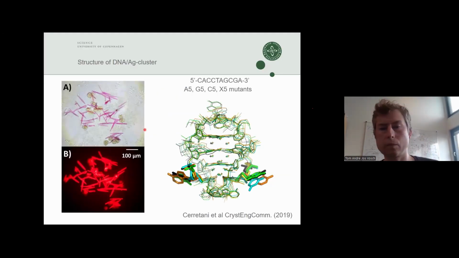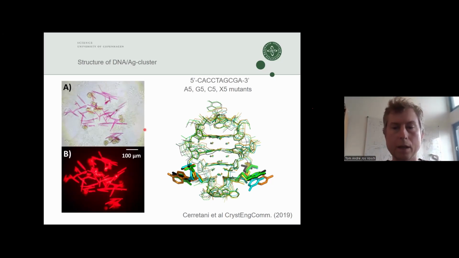Okay, so once we had this crystal structure, Cecilia mutated position 5. As you can see here, this position 5 was pointing outwards and was not really interacting with the cluster.